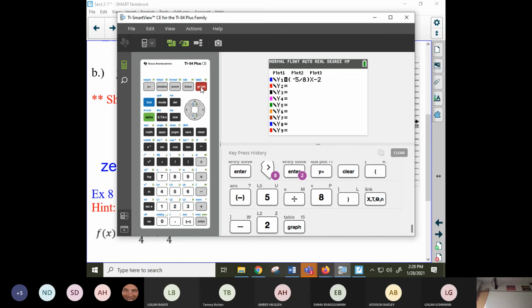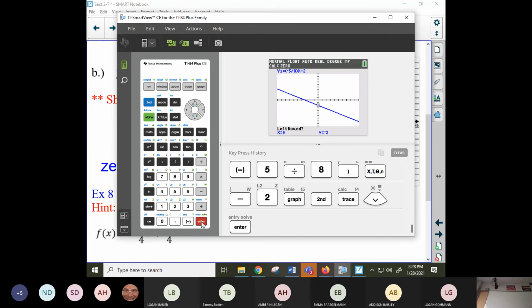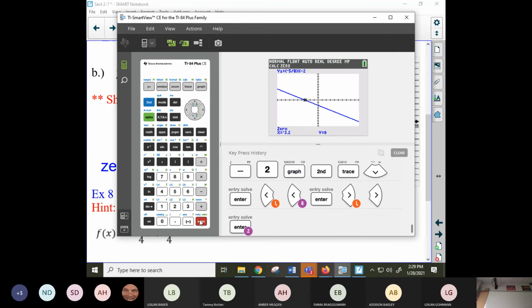You could hit graph and see where it goes through, but to get the actual number, go second trace down to number 2 for zero. Move your left arrow so that your flashing cursor on the diagonal line is to the left of where it crosses the x-axis. Hit enter. Move your arrow to the right of where it crosses the x-axis. Hit enter again, and it tells you that it's negative 3.2.